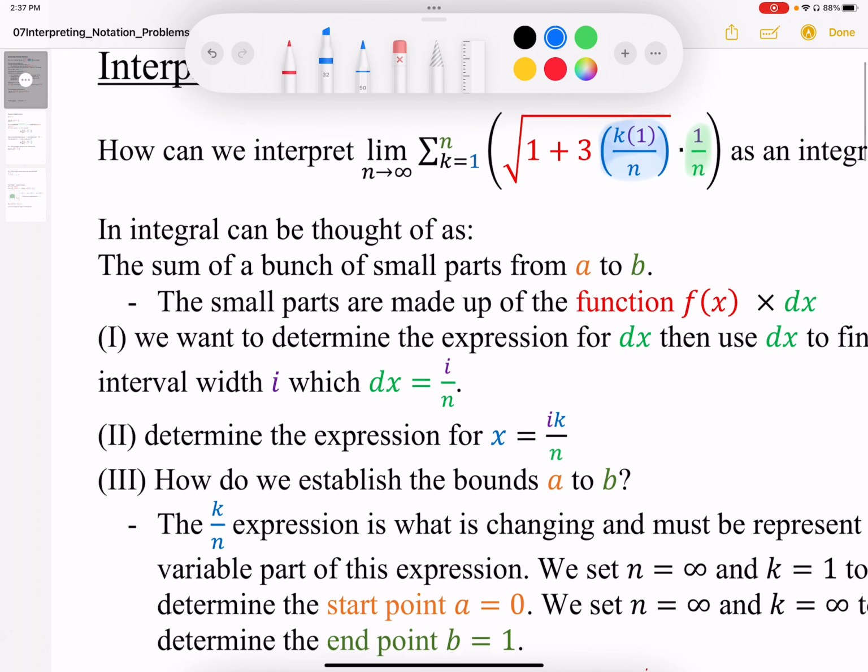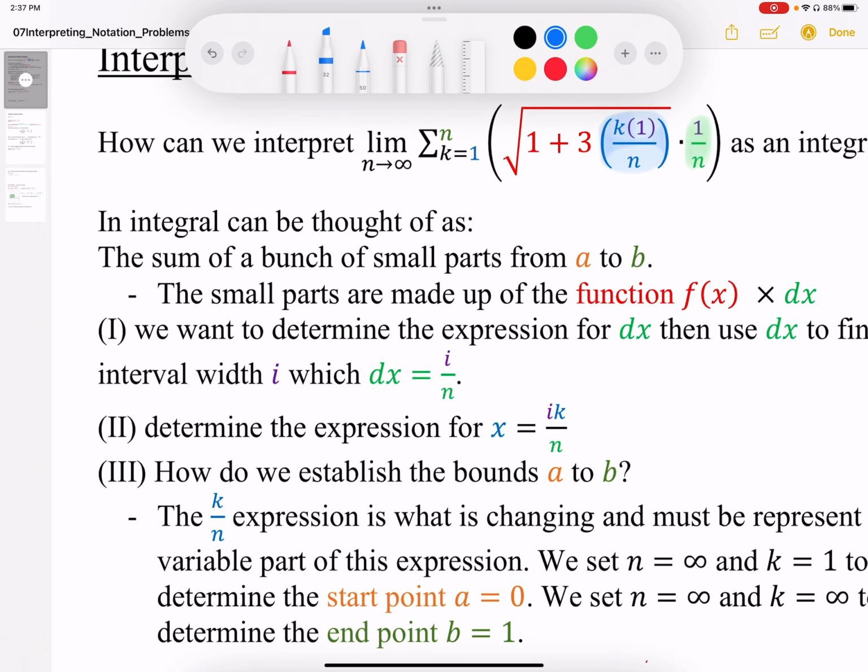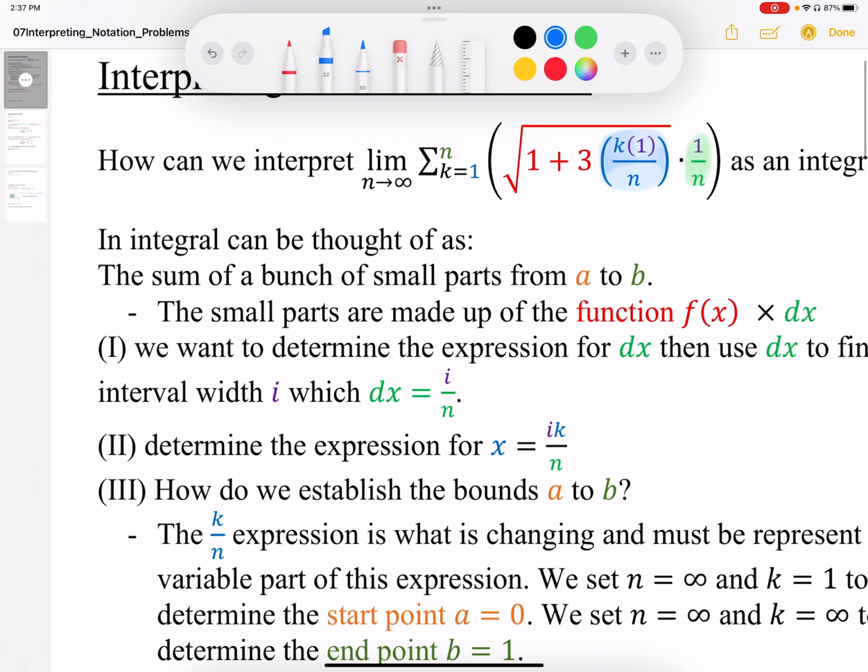The last part is we need to establish the bounds: the x value at the starting point, and the x value at the ending point. We can establish that by substituting in our k and n. But we have to be aware that we are doing a limit, with n going to infinity.